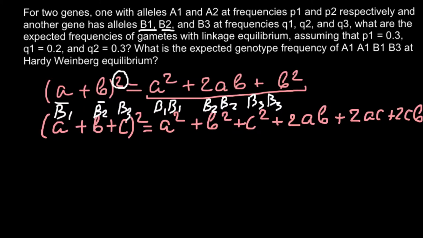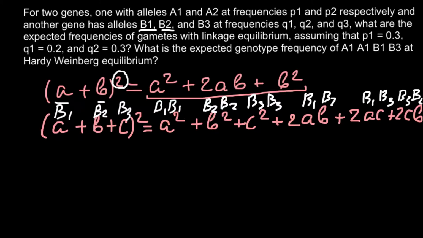And here we would have the B1 and B2 genotype, and here we would have the frequency of the B1 and B3 genotype, and the B3 and B2 genotype here.